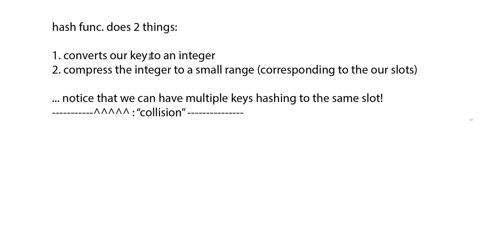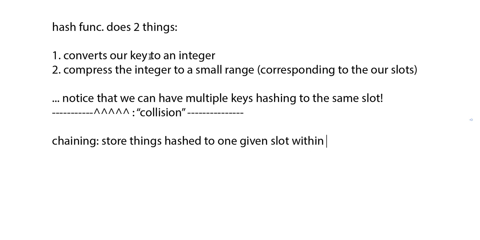And in fact, collisions are the reason why we store all our objects in a particular bucket within a linked list. So we can chain them up, right? So this is the idea of chaining. Store things hashed to one given slot within a linked list. So that's the idea of chaining.